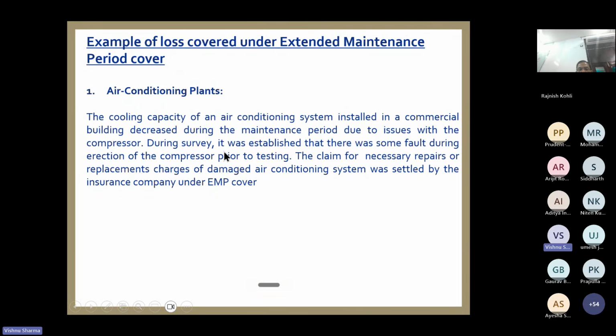During the survey, it was established that there was some fault during the erection of the compressor prior to testing. The claim for necessary repair or replacement of the damaged part was settled by the insurance company because it was established. That is why this claim was paid.